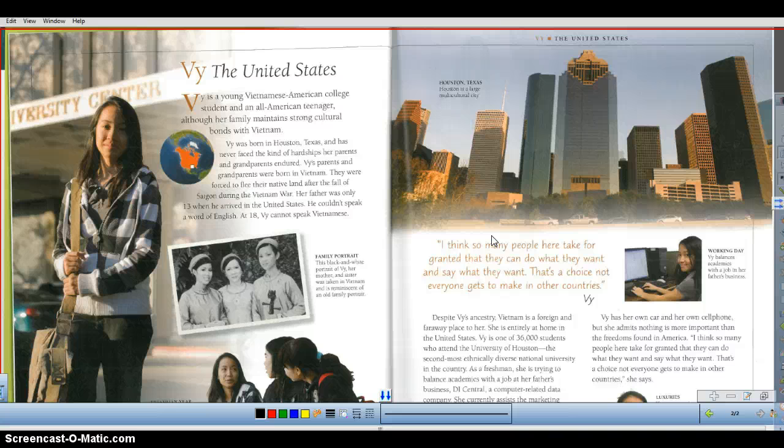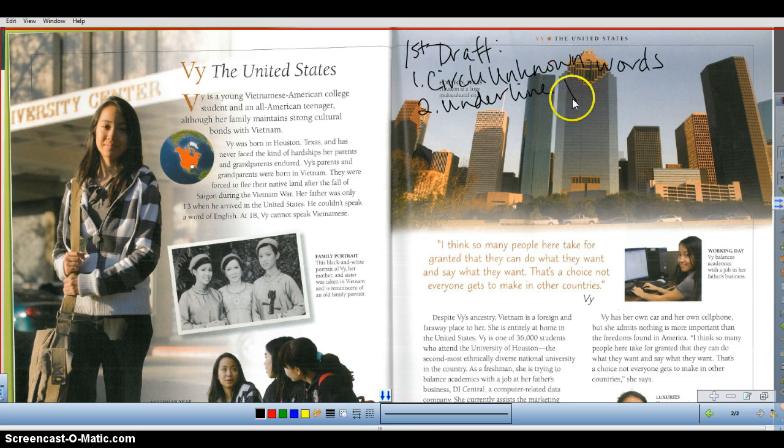As you're going through, we can do things like circle unknown words. So again, in this first draft read, we can circle unknown words, and we can underline text that seems important.